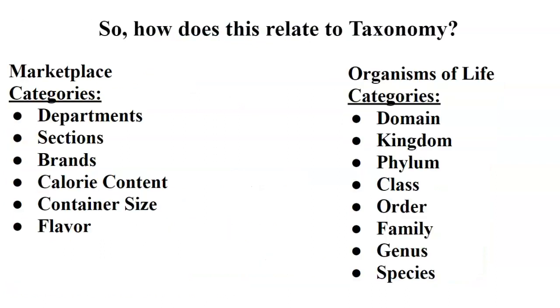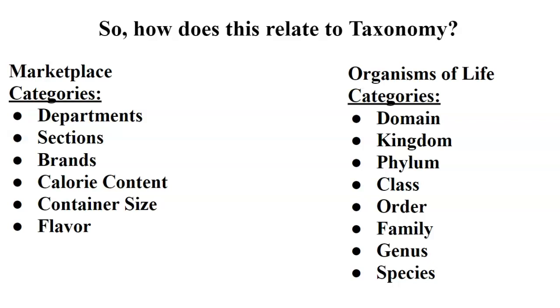All right, so how does this relate to taxonomy? If we think the marketplace, looking at the bigger categories, department, sections, brands within sections, those are categories that make sense in the marketplace. In organisms of life, organisms of living things, the categories are domain, kingdom, phylum, class, order, family, genus, species.